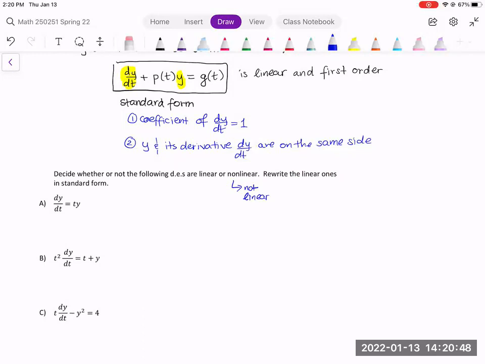Any one that is linear, I'd like you to write in the standard form. You're welcome to do things like move things from one side to the other. You're welcome to do division as long as you maintain equality. So take a minute, look over this, and then unpause.